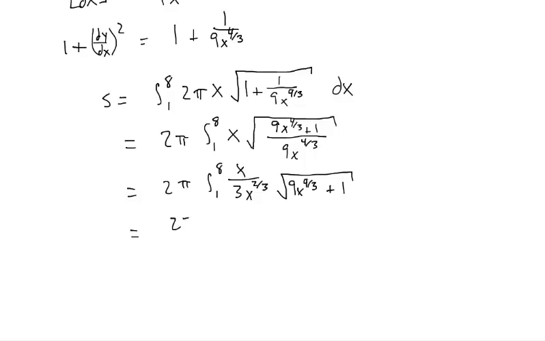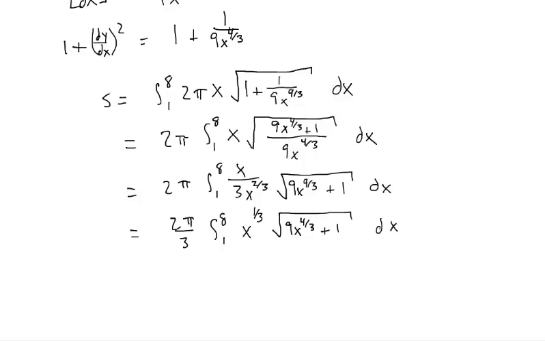So I have 2 pi over 3 and the integral from 1 to 8, and we have x over x to the 2/3, which is x to the 1/3, times the square root of 9x to the 4/3 plus 1 dx.